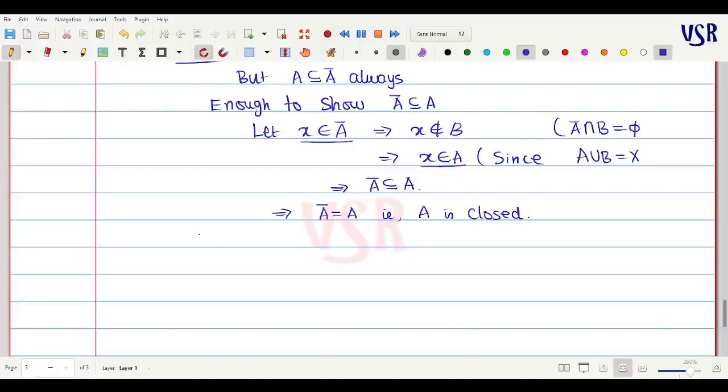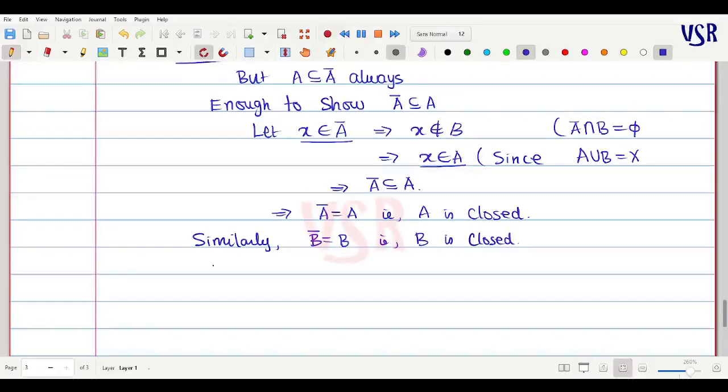Similarly we can have B closure equal to B னு போட்டுக்கலாம். இதையும் கண்டுபிடிச்சலாம். That is take element x belongs to B closure எடுத்துக்கோங்க, therefore it does not belong to A, therefore it must belong to B னு வந்துரும். இதே மாதிரி that is B is closed.